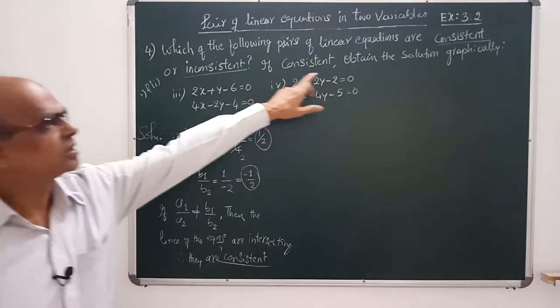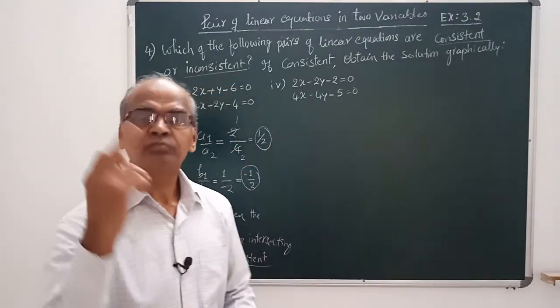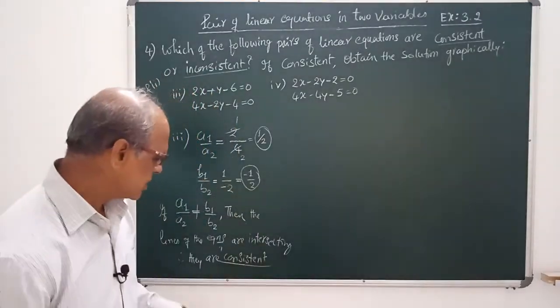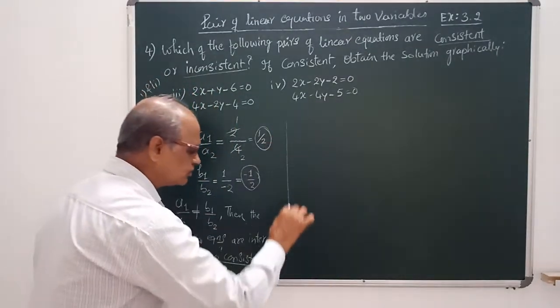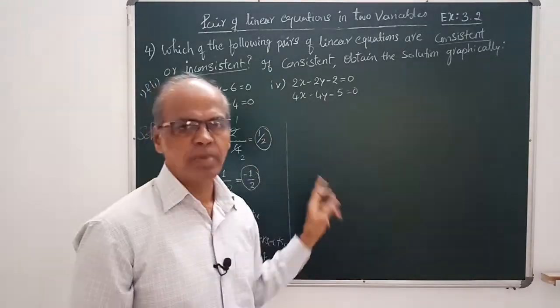If consistent, go for the graphical solution, right? You have to obtain the solution, means what? Find the x and y values by the graphical method. So consistent. Now what do we have to do? We have to simplify the equations over here. First I will frame the table, right?